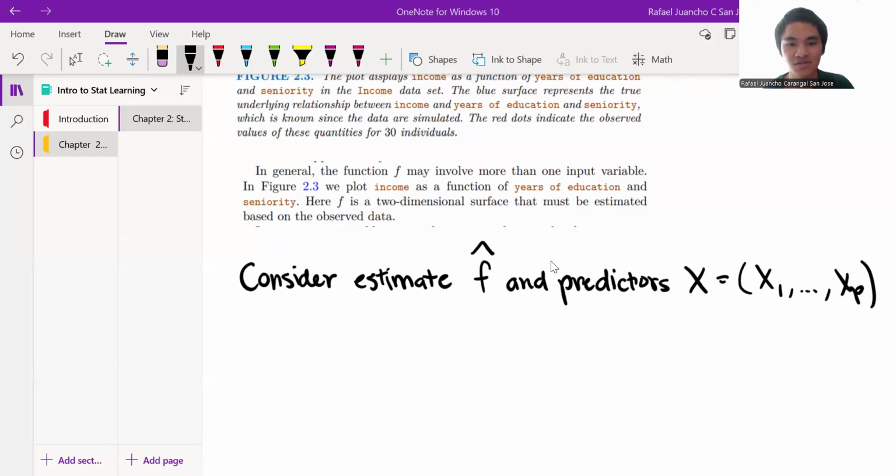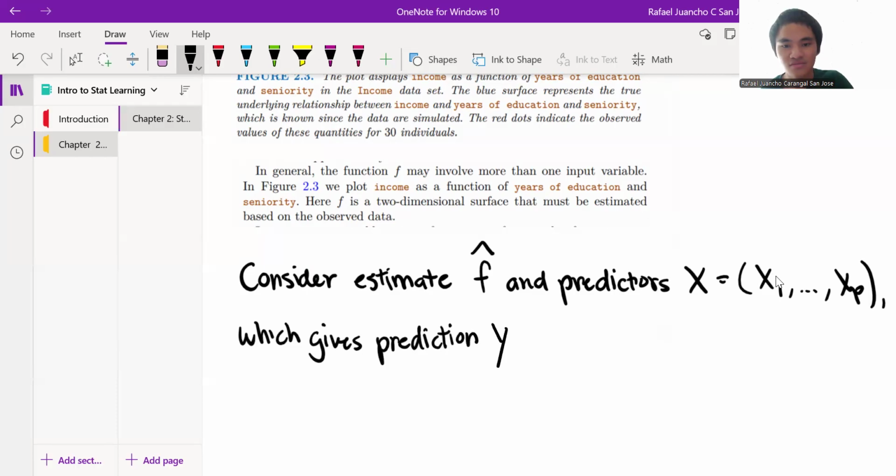This one is going to yield some prediction. So this is the prediction, and that function there, and then we put our predictors there.